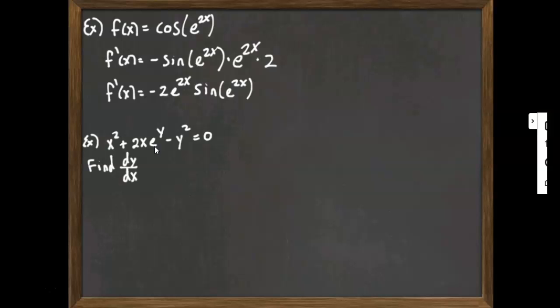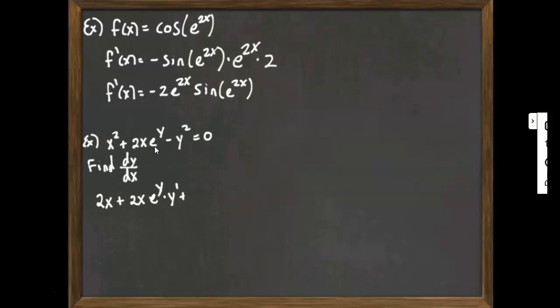So as we go through here, derivative of x squared is just going to be 2x. When we come to the 2x e to the y, those are next to each other, so that's a product. So we use the product rule. That'll be 2x times the derivative of e to the y, which would be e to the y times the derivative of its exponent, which would be y prime or dy dx.